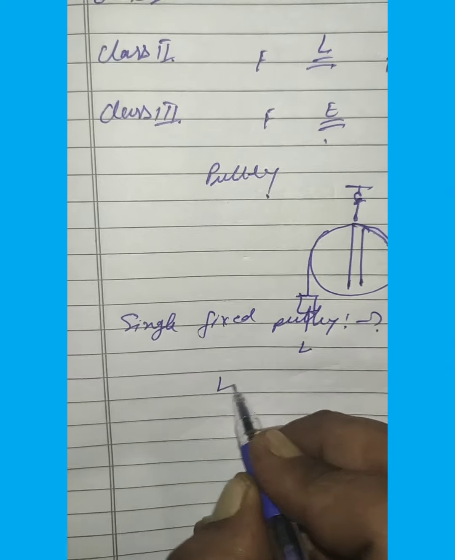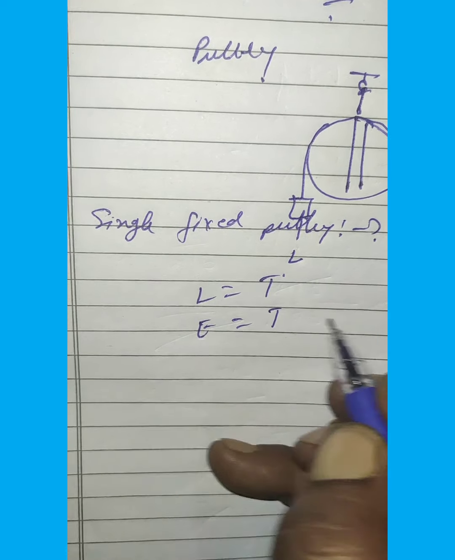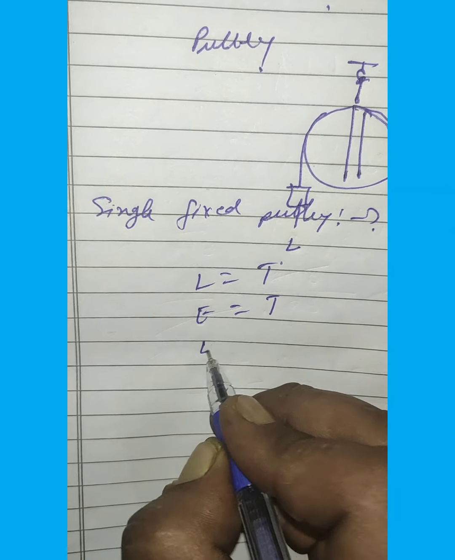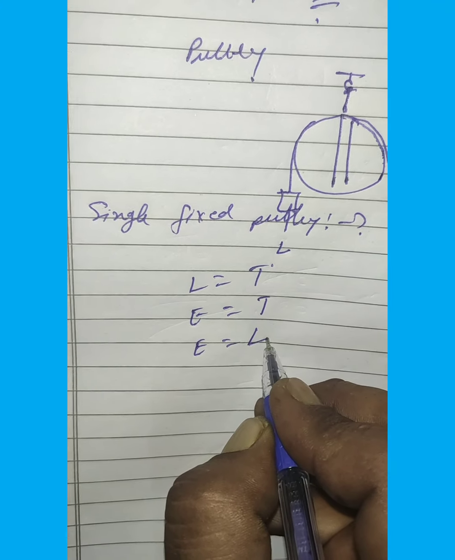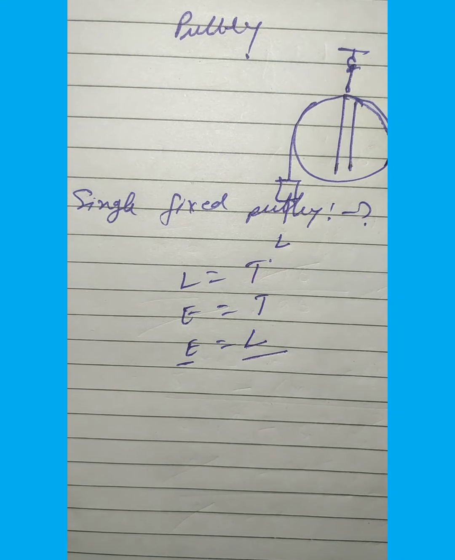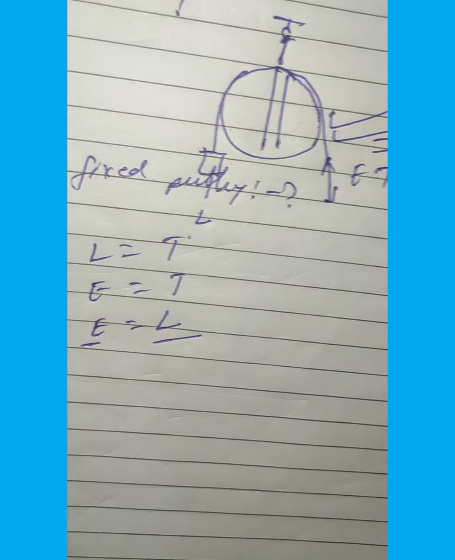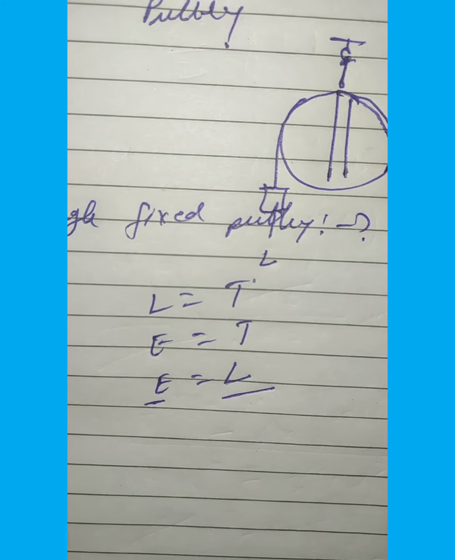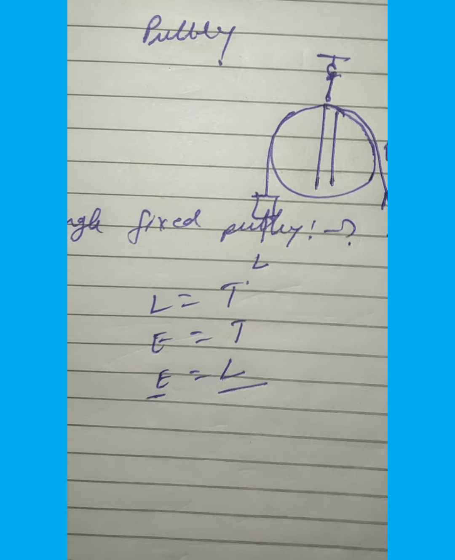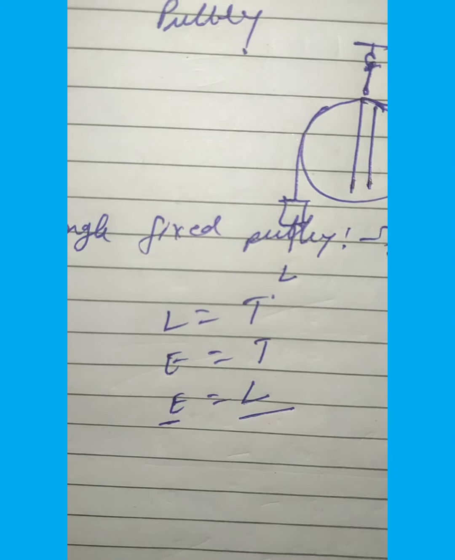The load is equal to the tension, and effort is also equal to tension. It means effort is equal to load. From this you can easily identify that mechanical advantage and velocity ratio will be equal to 1. In this type of machine, the efficiency is 100%, because the velocity ratio is 1 and mechanical advantage is 1.